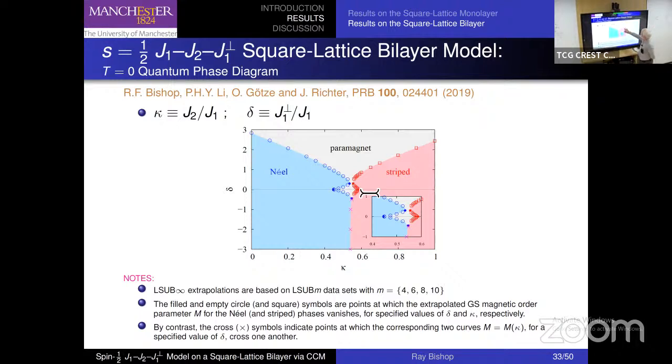Over here, in all of the red or pink region, the striped order parameter is non-zero. In the white region, it's not one or the other. And at this point, I can't tell you what it is. I can just tell you it isn't classical. It isn't quasi-classical. Now you have to do another set of calculations to try to determine what it is. And I don't have time to tell you today what those other calculations are.